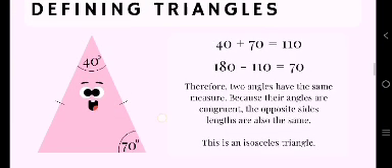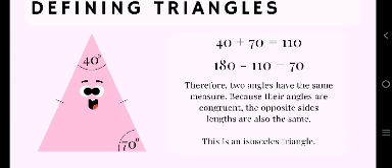Now let's move on to the other one. Here in this figure, one angle is 40 degrees, the other angle is 70 degrees, while the third angle is not mentioned. So when we add these two, 40 degrees plus 70 degrees, we get 110.